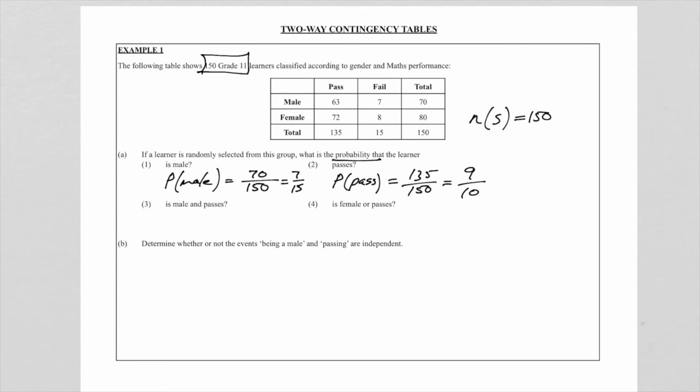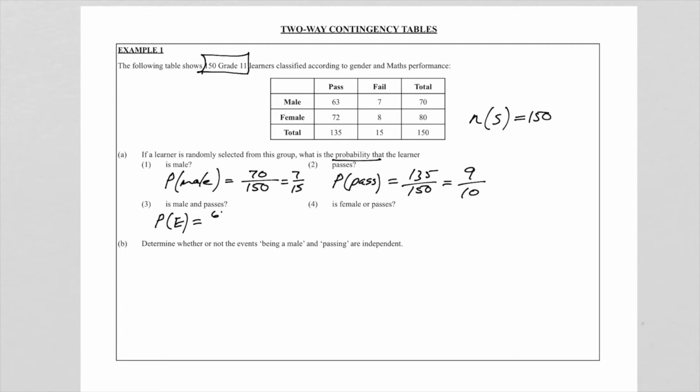I think you agree with me, that will be that 63. The number of males that pass is 63, and that is then divided by the sample space. So we can write the probability of this event as how many males pass, because it's about male and pass, and that is the 63.